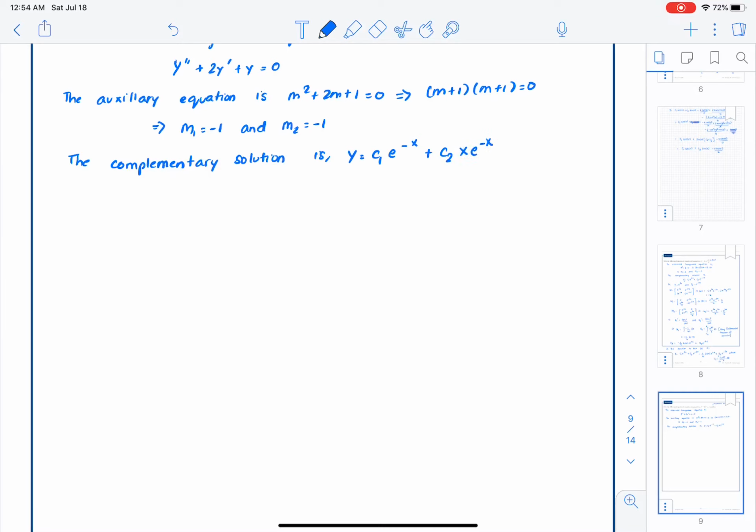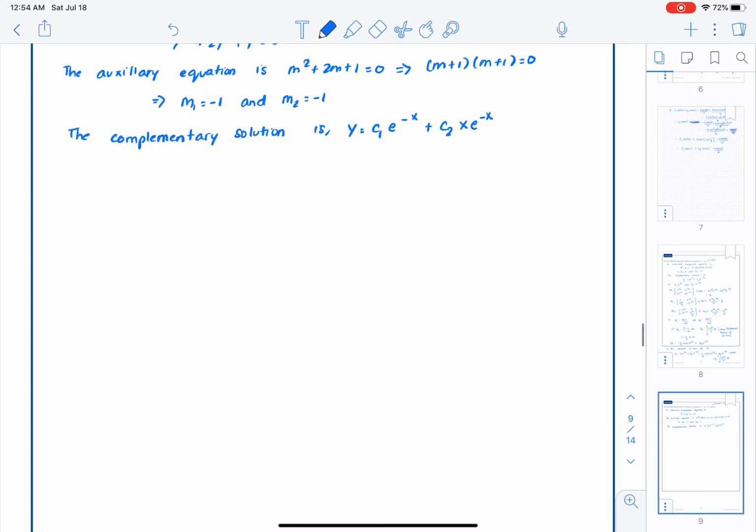Do not forget the methods that we've done in the past. If we have repeated roots, we've got to multiply by x, x squared, and so forth. So this would imply y1 is e^(-x), and y2 is x e^(-x).